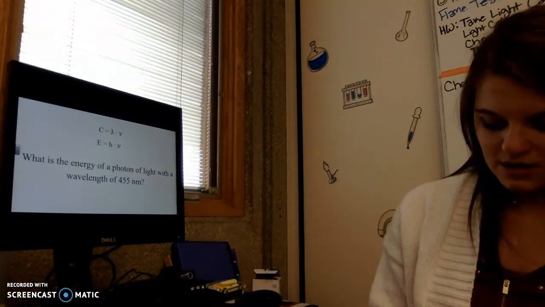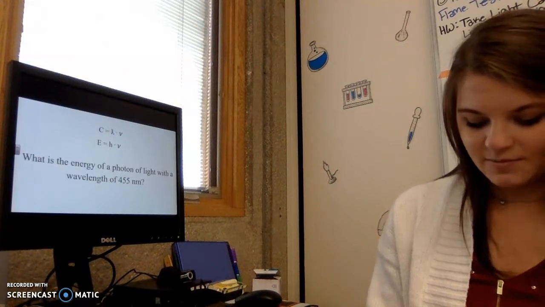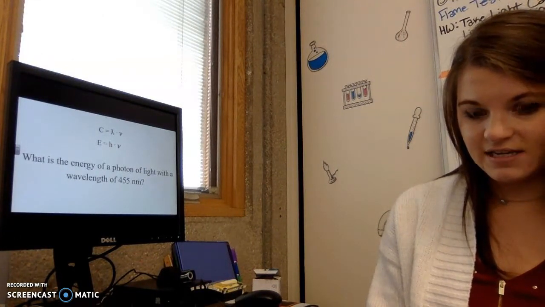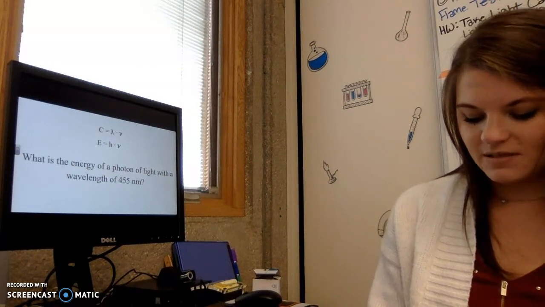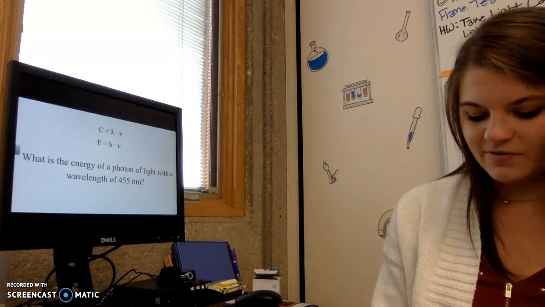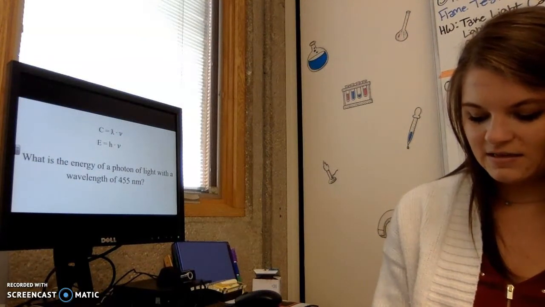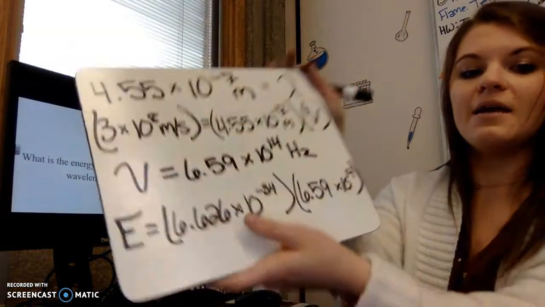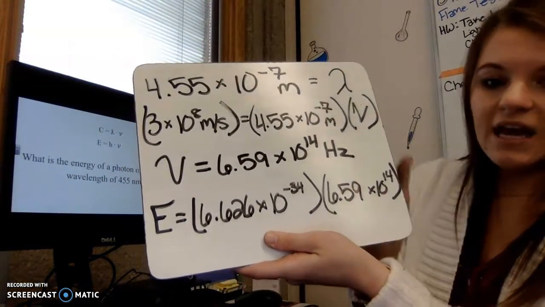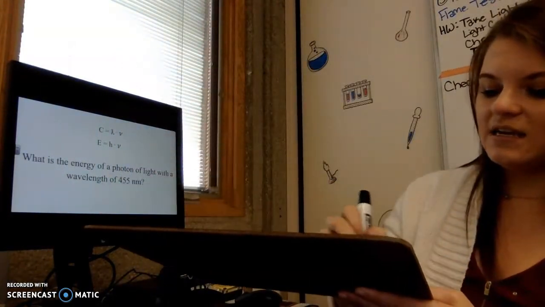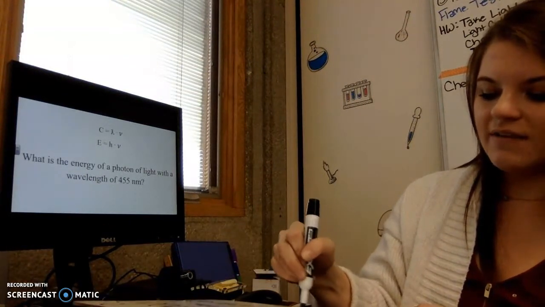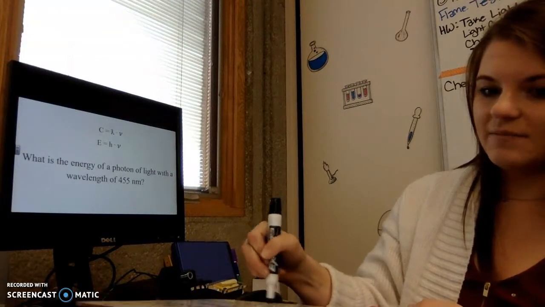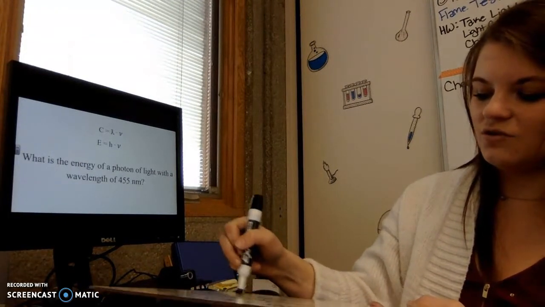So, E equals Planck's constant, which is 6.626 times 10 to the negative 34th, times the frequency that we just calculated, 6.59 times 10 to the 14th. Okay? Multiply those together, and E should be 4.37 times 10 to the negative 19th joules.